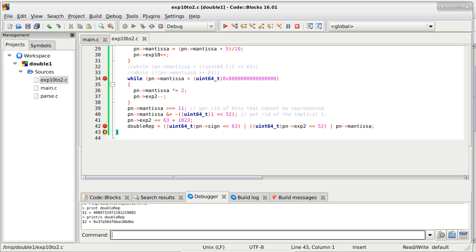How many people remember the trick of casting the address of a 64-bit number to the address of a double and then dereferencing it so that we can actually interpret the bit pattern as a double? Nobody. You got it down. Very good. Okay, so let me see if I can remember that too. So we'll say we're dereferencing a double pointer, and it is the address of double wrap.